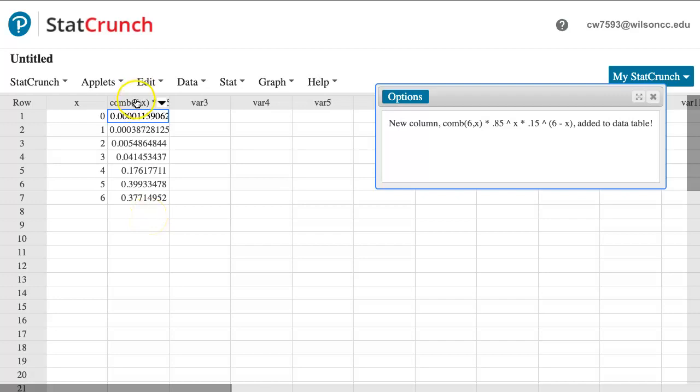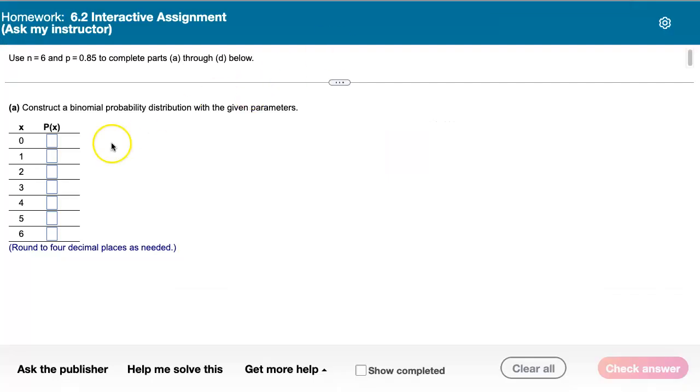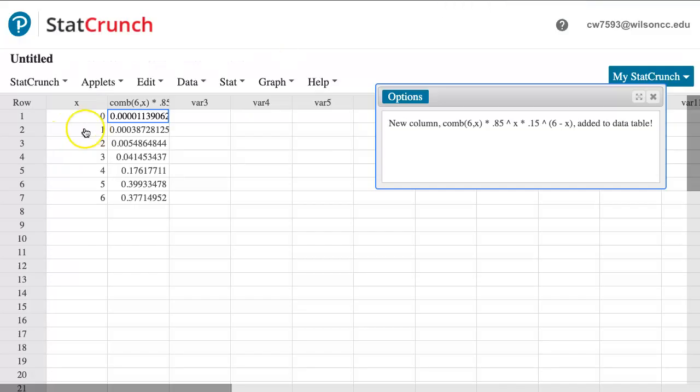I could rename this column just to match what I had in the problem. Here it is, P of X. So I could rename it P of X if I like. This is one nice thing about StatCrunch: I could go through and copy, Control C for copy or Command C, depending on what type of device you're using. Copy that and paste it into my answer.